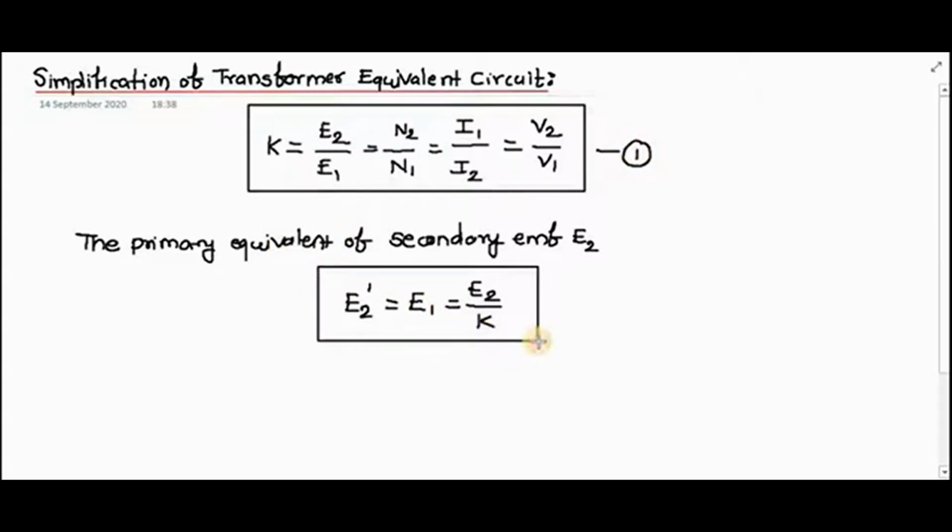So the primary equivalent of the secondary EMF E2 is E2 dash equals E1 equals E2 by K. Let this be equation number 2, right?